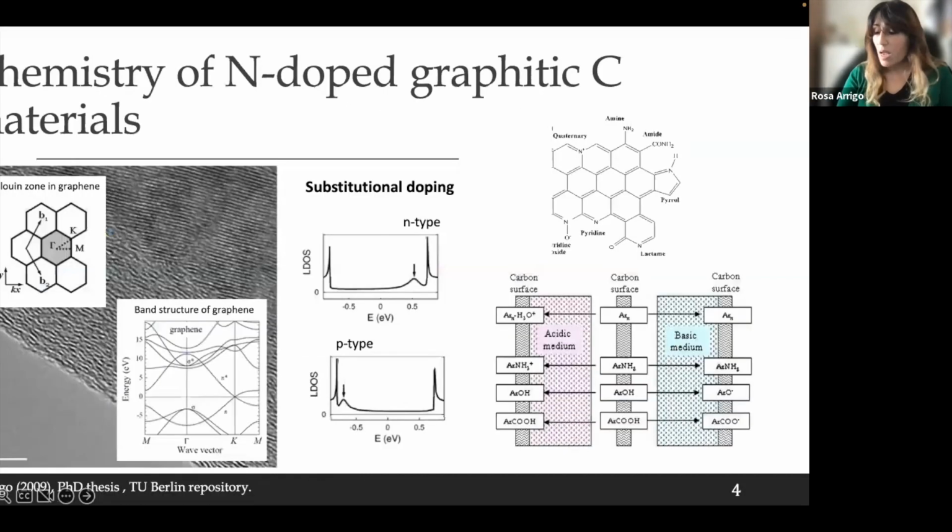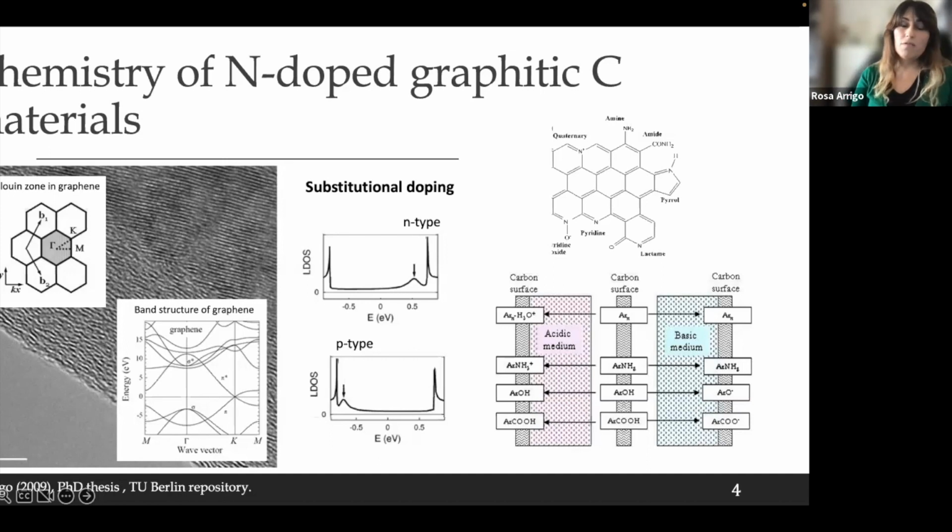Now, going to the chemistry of carbon, in this presentation I'm going to talk about the support effect and how this influences the reactivity of metal species, as said in my title. A common thread in my research from very early on was understanding the role of nitrogen in this metal-support effect.